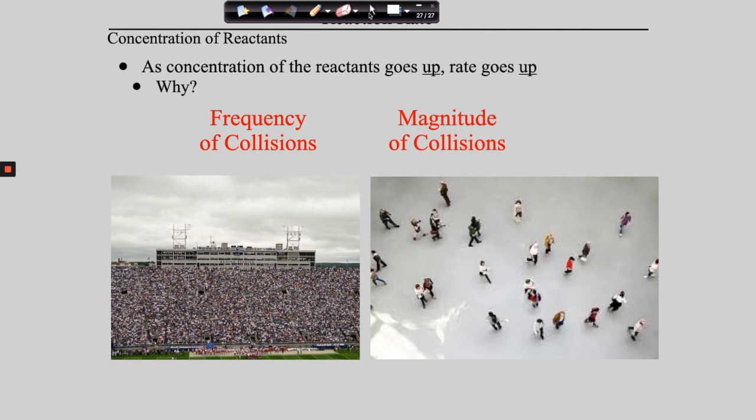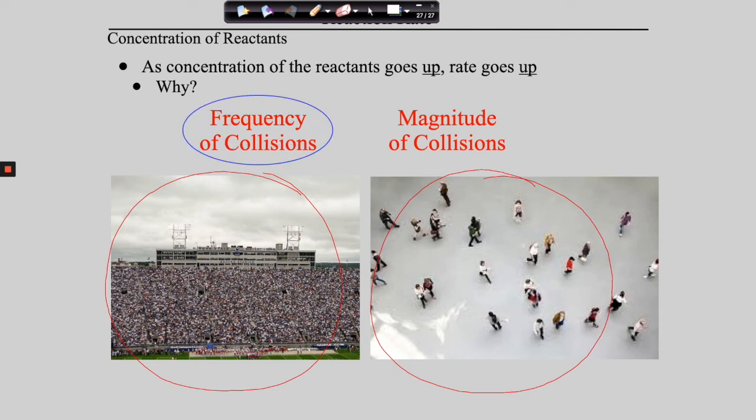Will these people collide more frequently based upon concentration? So will the people on the left collide with people more frequently than the people on the right? High to low concentration. Because the answer is obviously yes. The higher the concentration, the more frequently collisions will take place. So this is definitely a frequency issue.